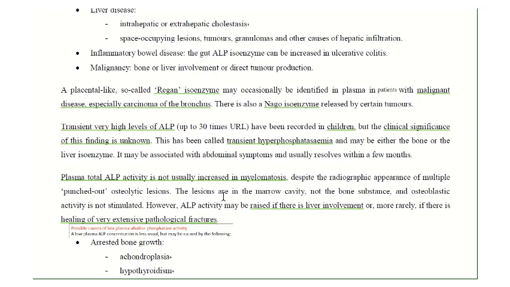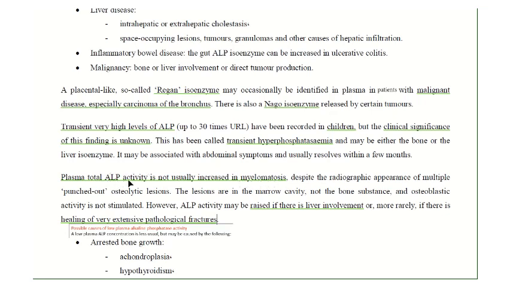The lesions are in the marrow cavity, not the bone substance, and osteoblastic activity is not stimulated. However, the ALP activity may be raised if there is liver involvement or, more rarely, if there is healing of very extensive pathological fractures. So this is the case of myelomatosis we took previously.